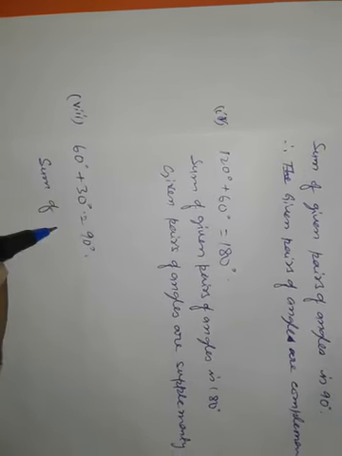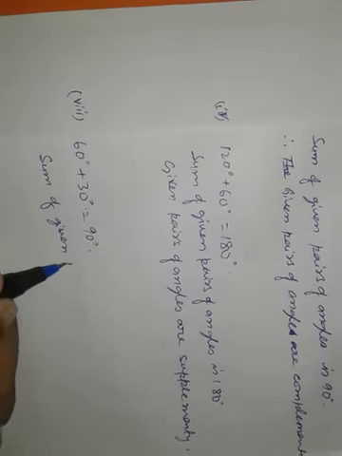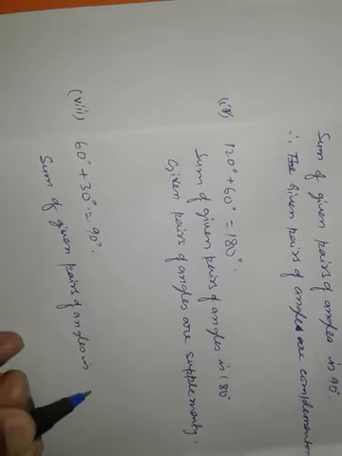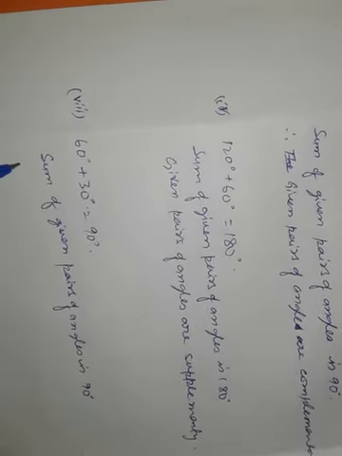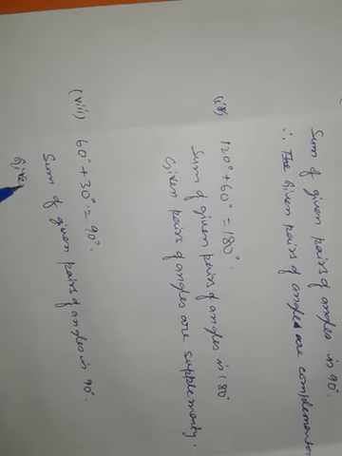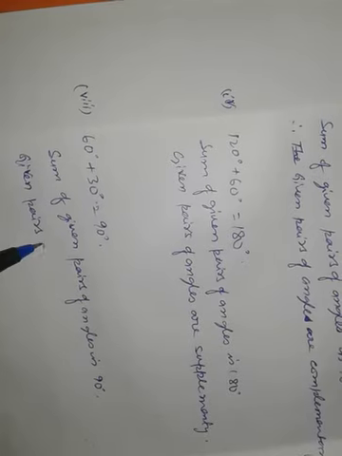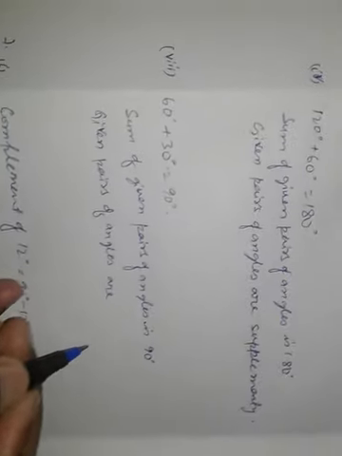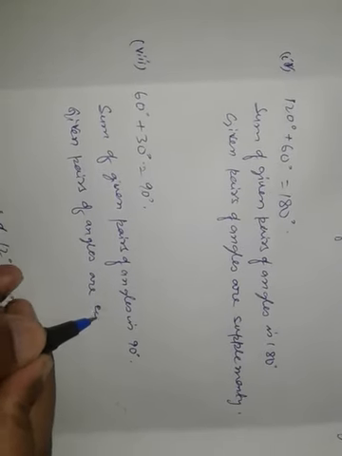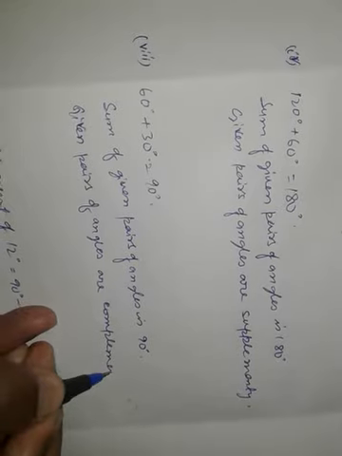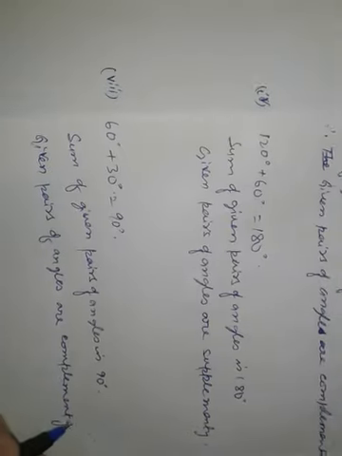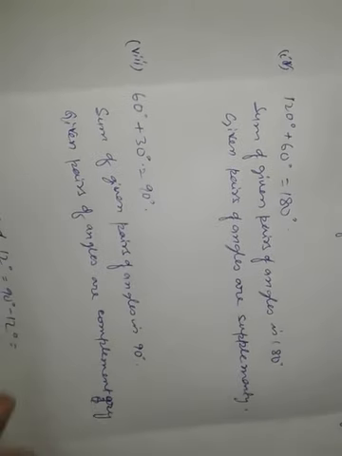So the sum of the given pair of angles is 90. If the sum of the two angles is 90, then it is a complementary angle, isn't it? Complementary angles.